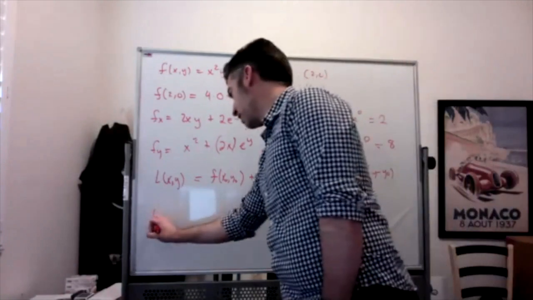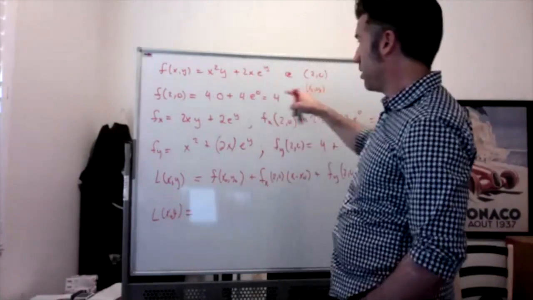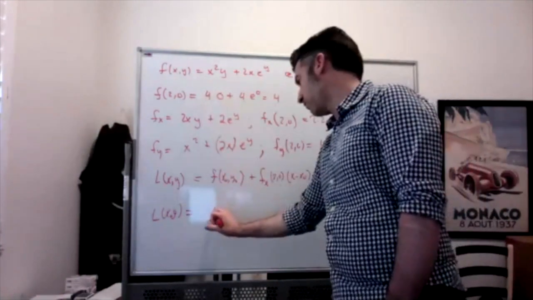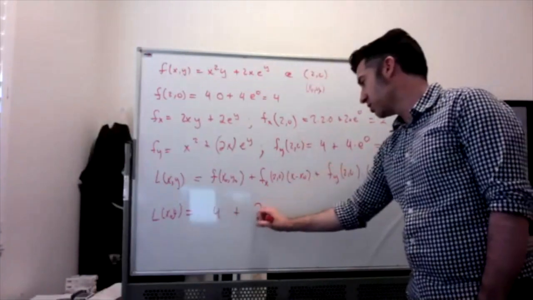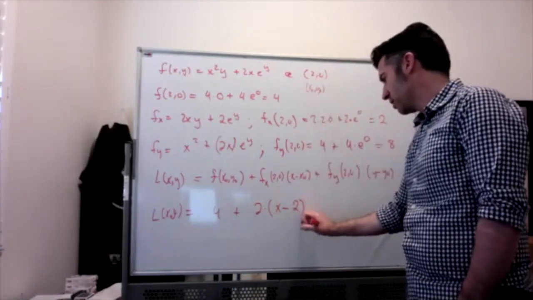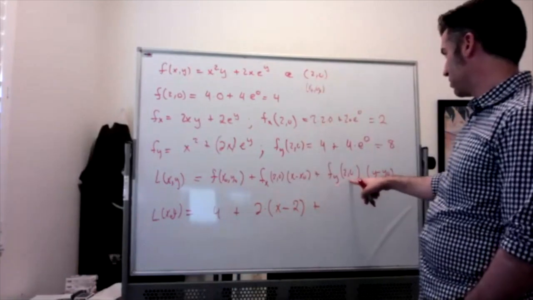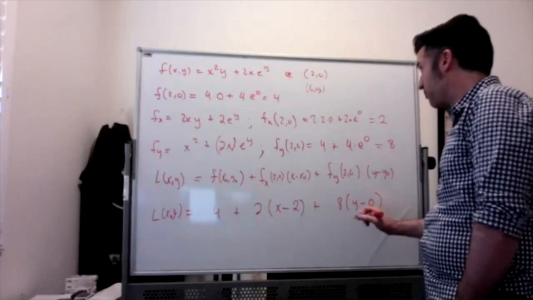So that's going to be L of x y equal to f of 2, 0, which is 4, plus fx of 2, 0, which is 2, times x minus x naught, plus fy at 2, 0, which is 8, times y minus y naught.